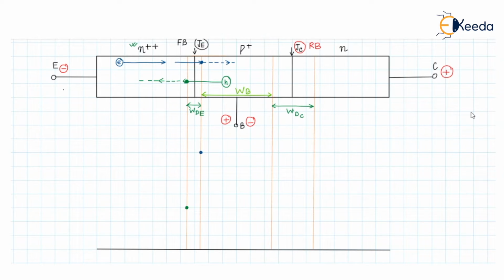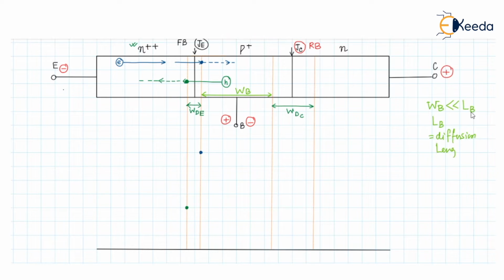We know that during the fabrication of the BJT, the width of the base region will be very much less than the diffusion length LB of the electrons, the minority carrier inside the base.